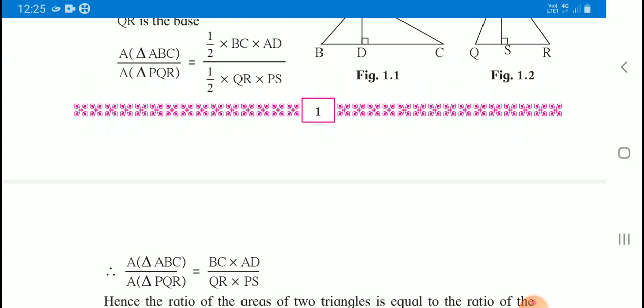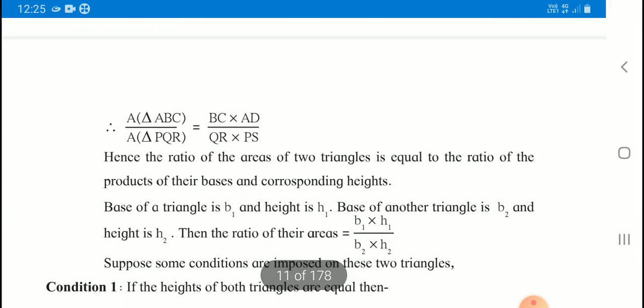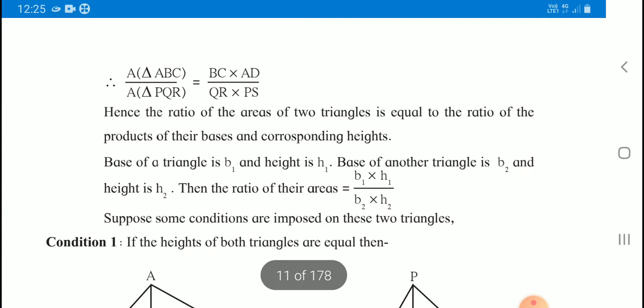Here 1 by 2 cancels with 1 by 2 and we get the ratio of areas of both triangles equal to base into height upon base into height. Hence, the ratio of areas of two triangles is equal to the ratio of the products of their bases and corresponding heights.